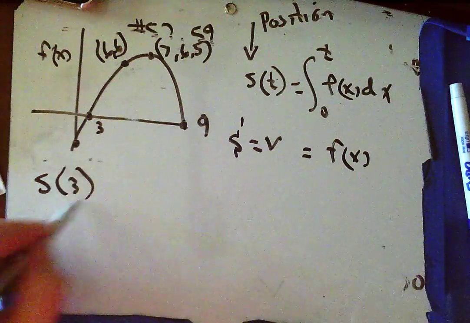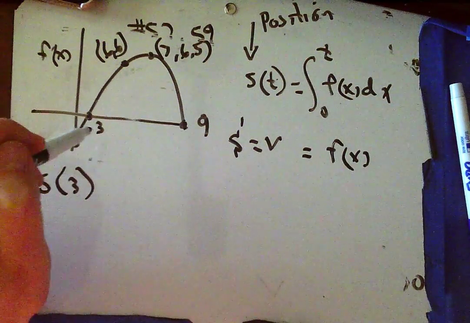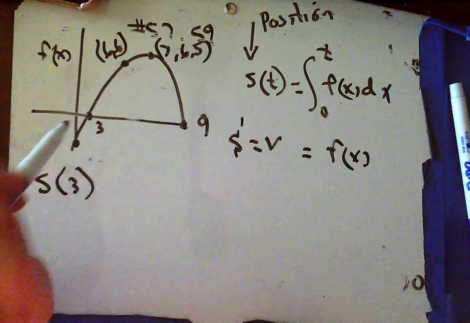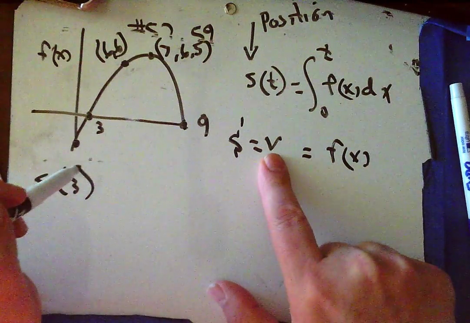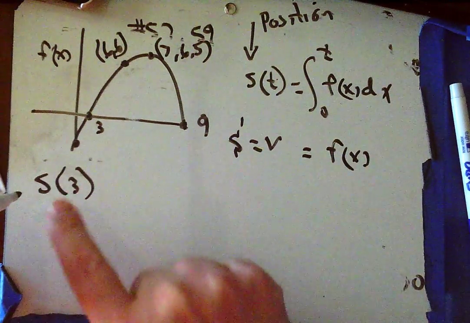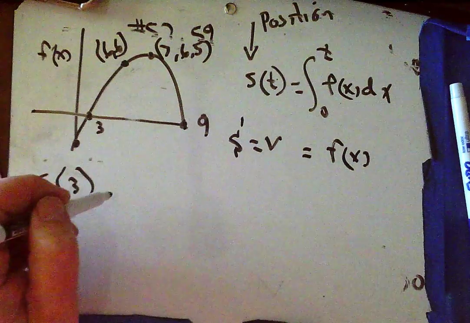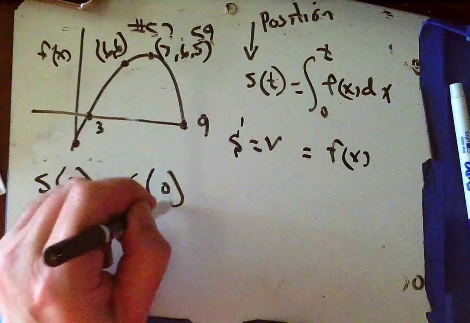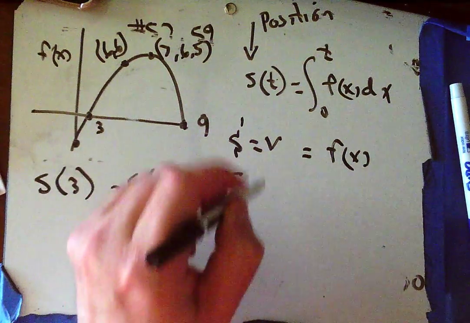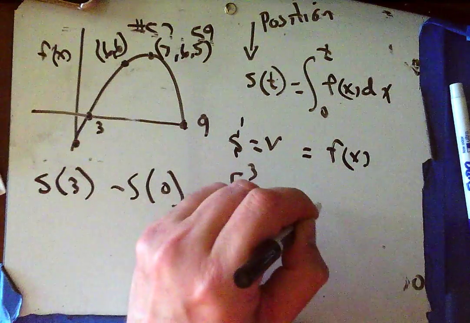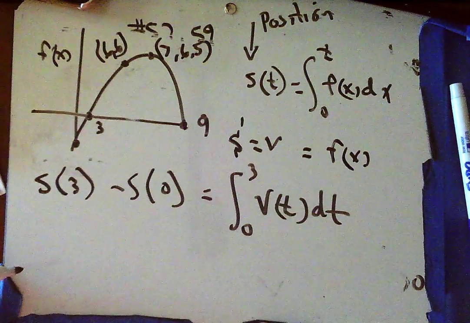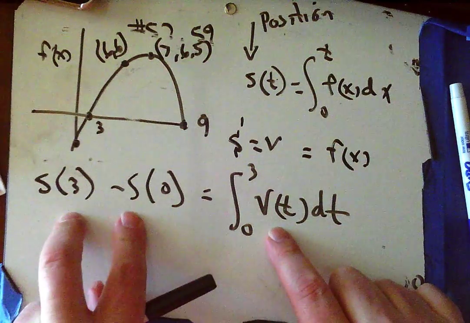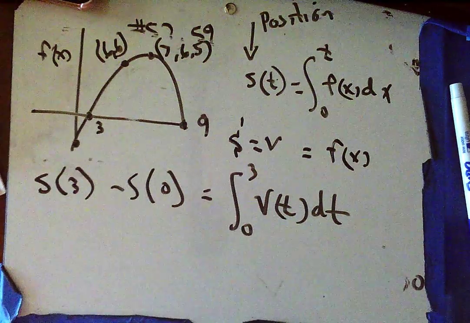S of 3. This is not position. We're looking at f. We're looking at velocity. S of 3. Well, I know, because I know the fundamental theorem of calculus part 2, that I can write this. This is FTC2. The antiderivative of velocity is position. Okay?